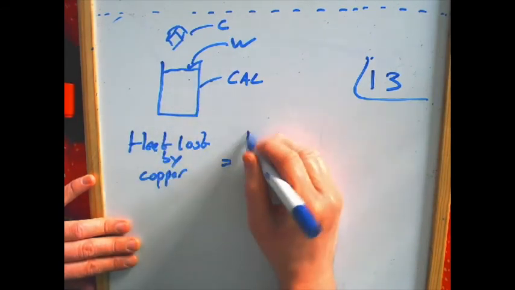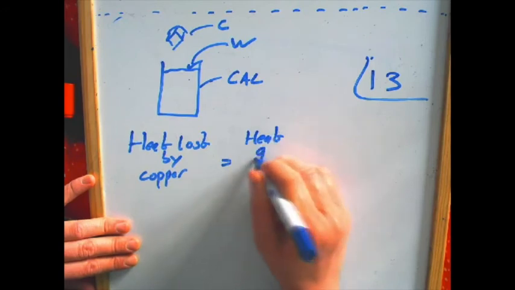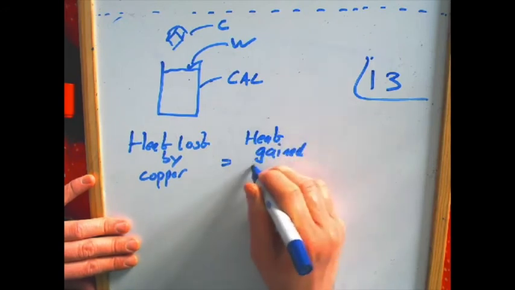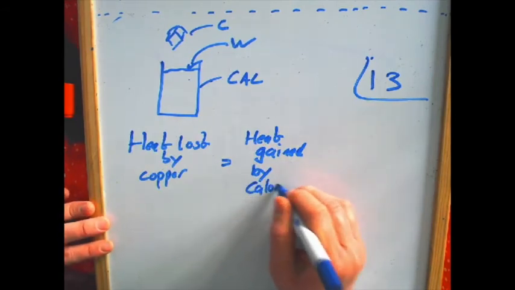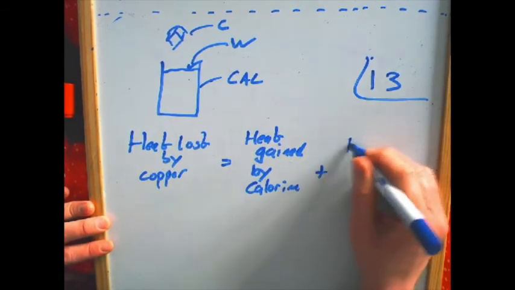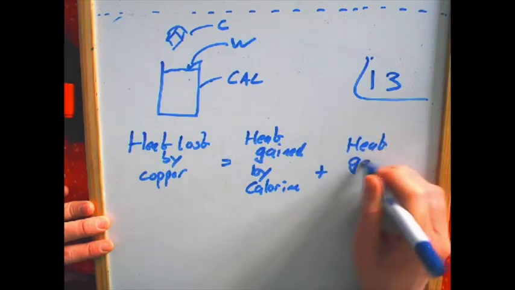So really what we're looking at here is that the heat lost by the copper, lost by the block of copper, will be divvied up. Some will heat up the water, some will heat up the calorimeter.